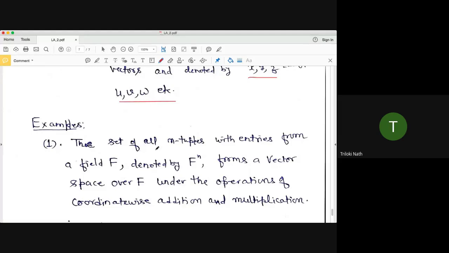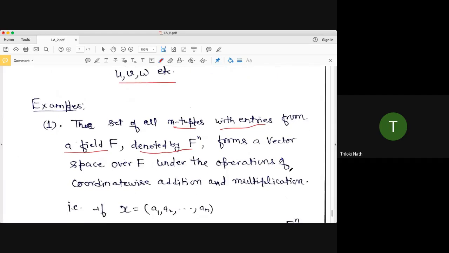The set of all n-tuples of scalars, that is n-tuples with entries from a field F, denoted by F^n, forms a vector space over F under the operations of coordinate-wise addition and coordinate-wise multiplication. What does it mean?